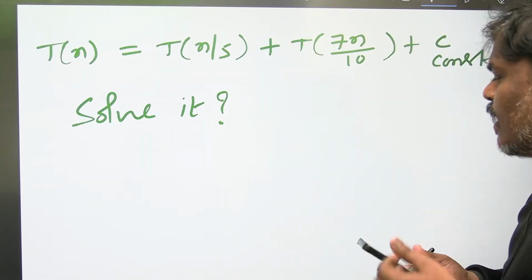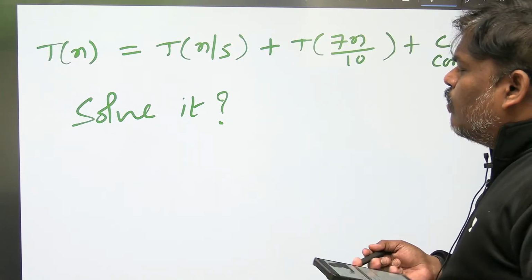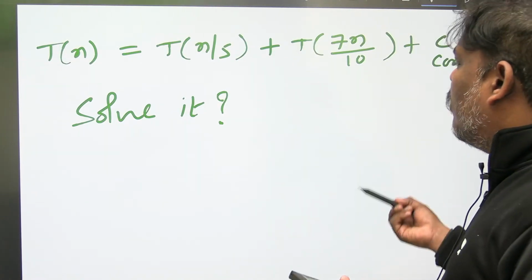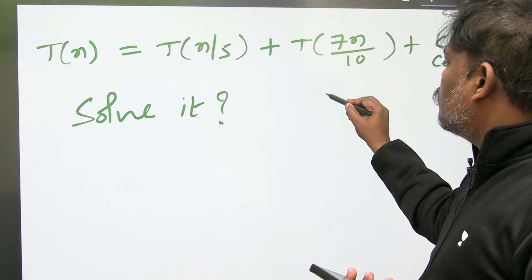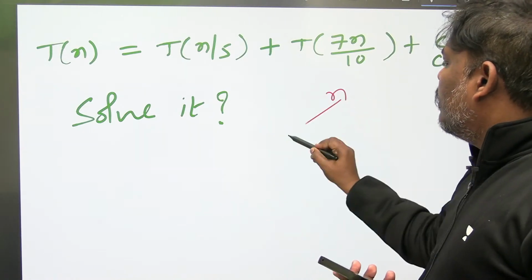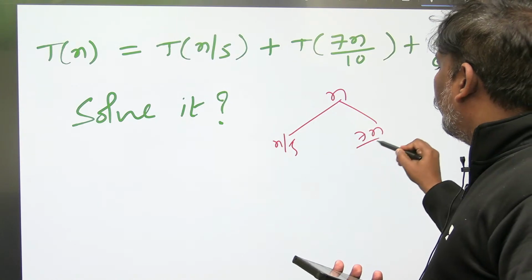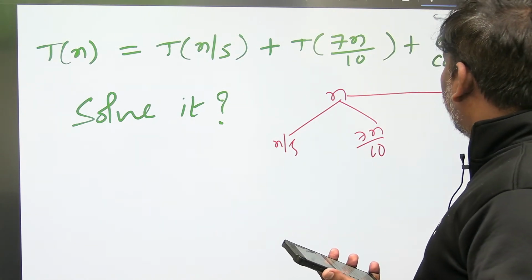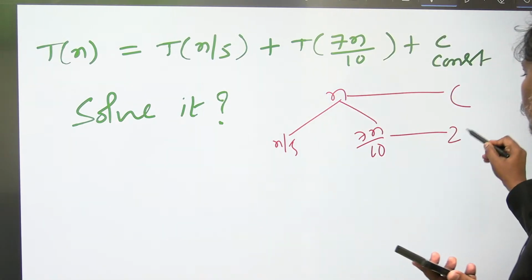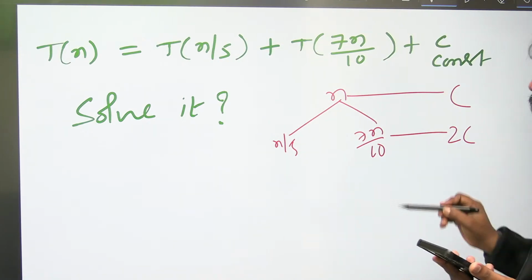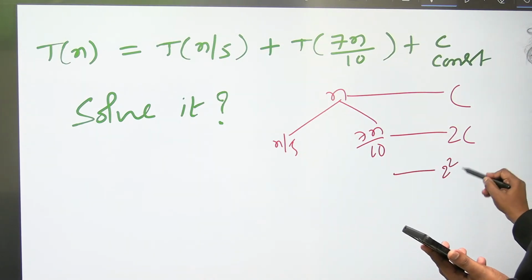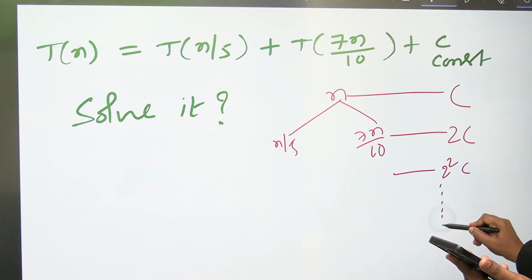Yeah, someone is asking, what is the answer of this? Many people asked me, so I want to try once. See this one, using the recursive tree method. Left side is n by 5, right side is 7n by 10. But it will take C. Next level 2C, right? Next level is 2 square C. Everyone knows it will continue.